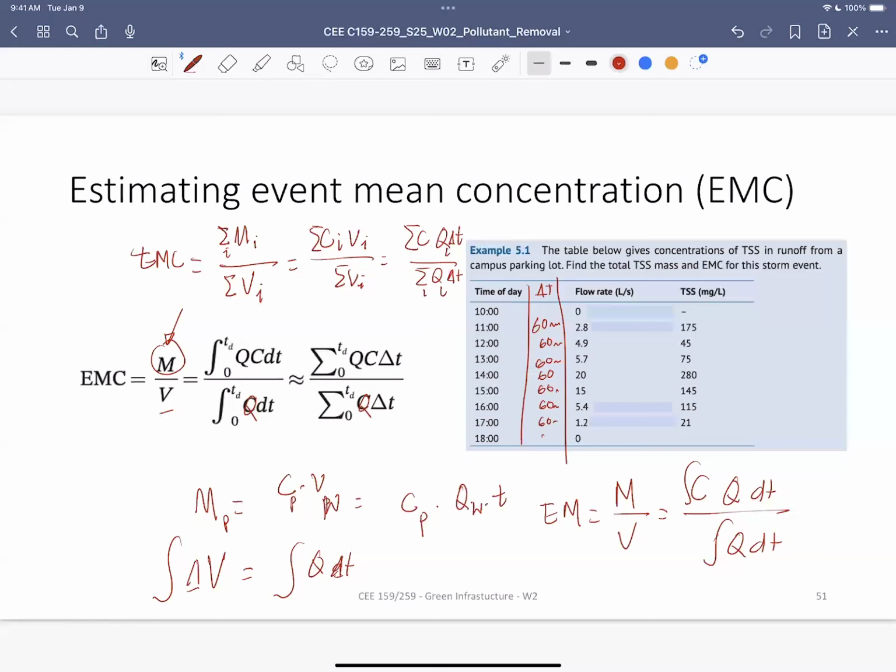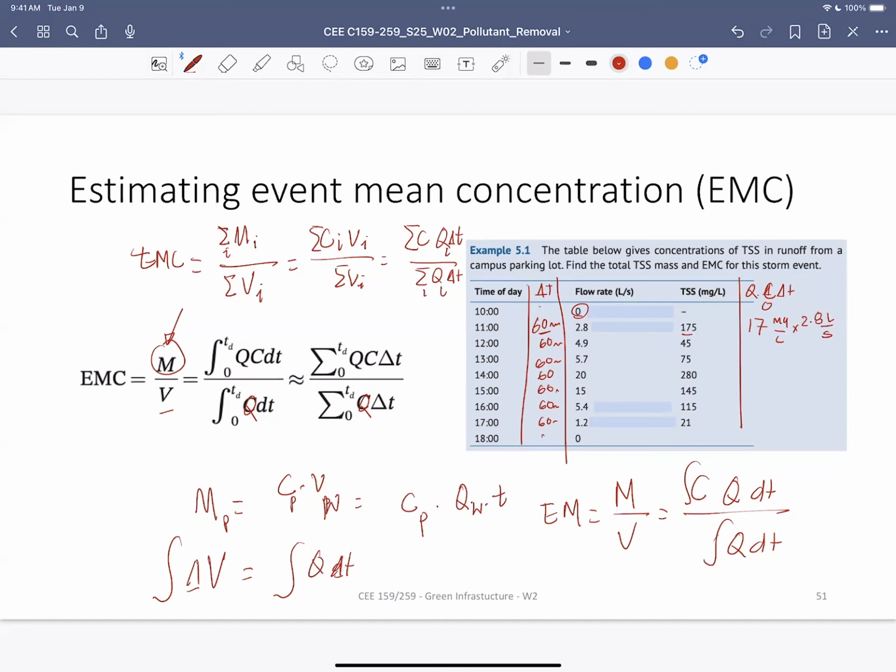So for this one, you can calculate Q, delta C, QC, and delta T. That's basically 0. Now this is 175 milligrams per liter times 2.8 liters per second.